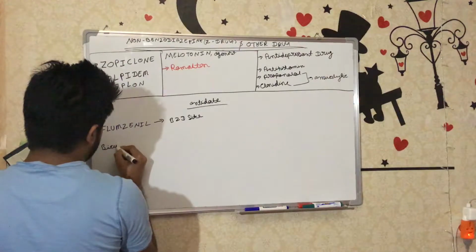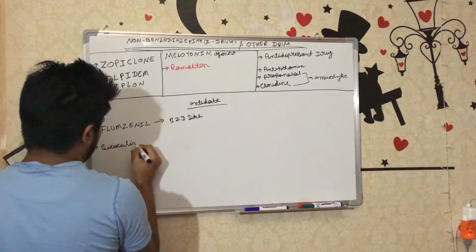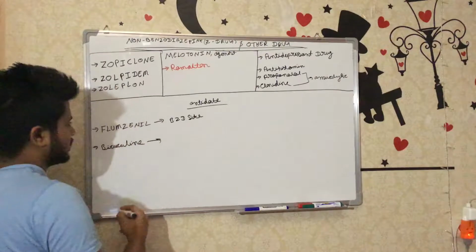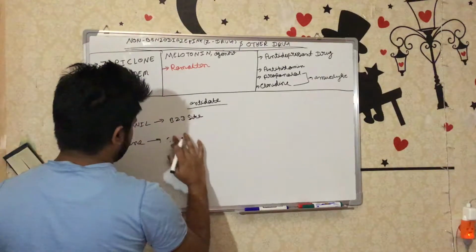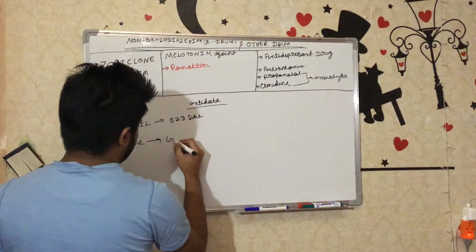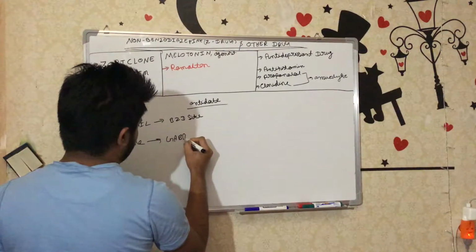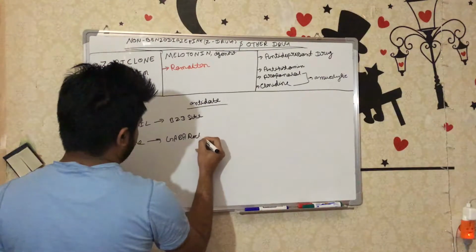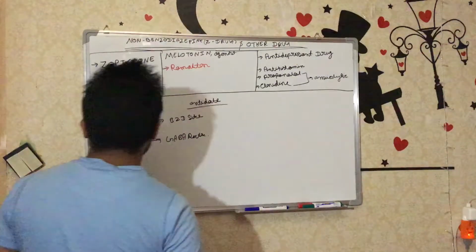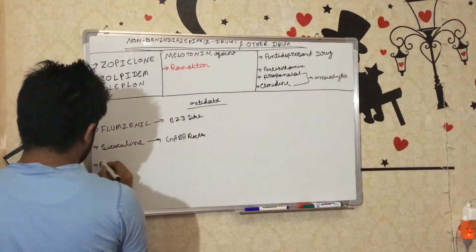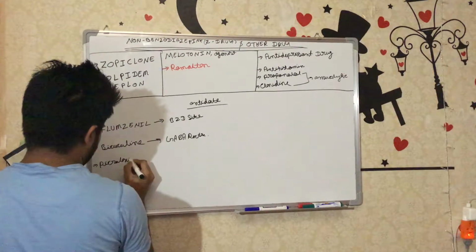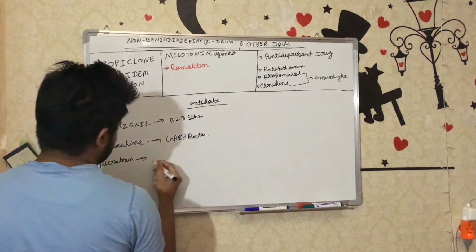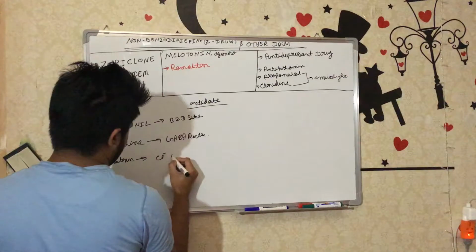And some other drugs like bicuculline. Actually, this drug inhibits the GABA receptor. And also picrotoxin, which inhibits the chlorine ion channel.